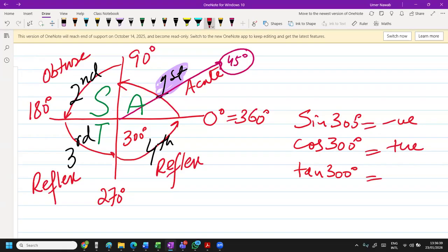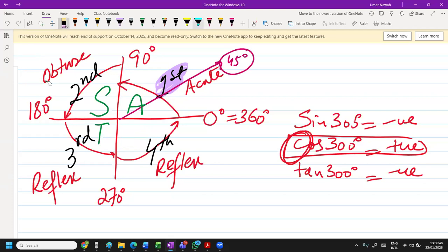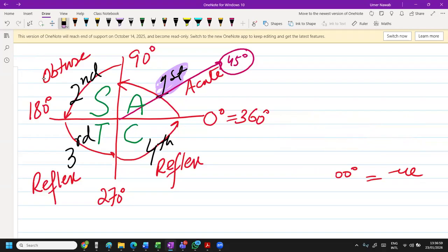So as cosine gives you a positive answer, it starts with C. That's why, to learn all this discussion which I have done with you through ASTC, it can be well memorized. There are different ways to learn this ASTC.